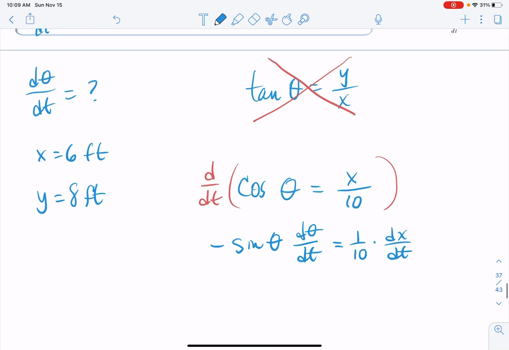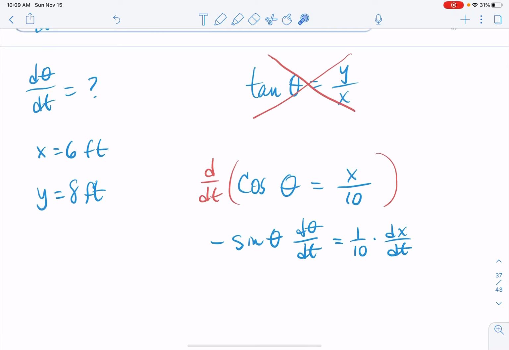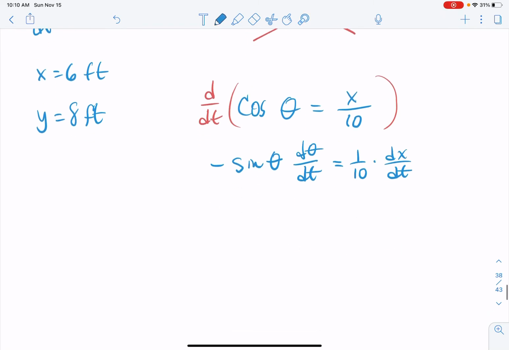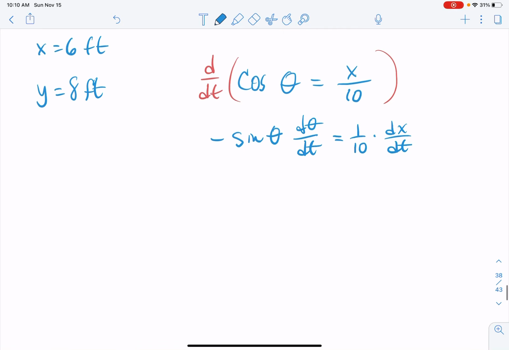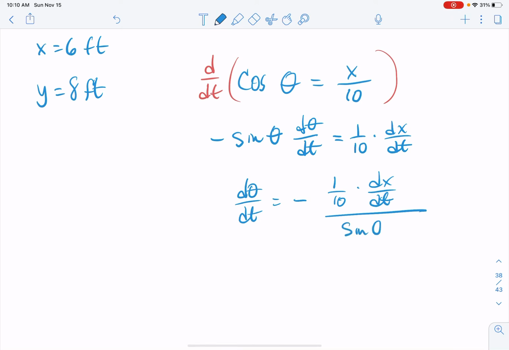And we are looking for a d theta dt, so let's isolate it. Let's divide this sine over to the other side, this negative sine theta. So d theta dt, I'll just throw the negative out front, is 1/10 dx dt over sine theta.